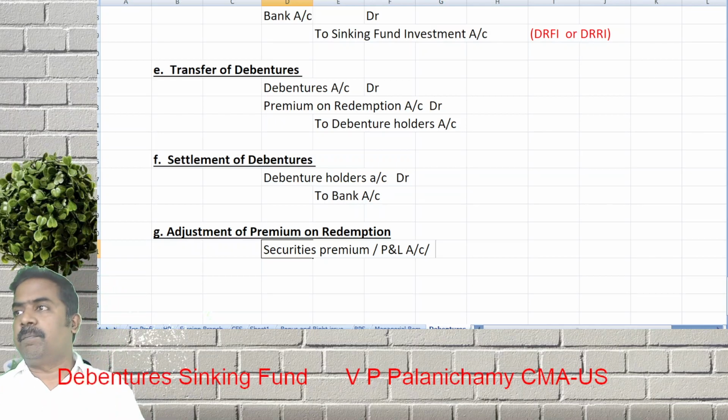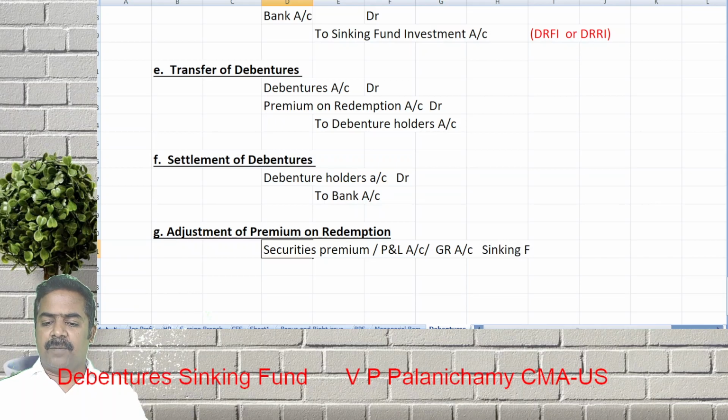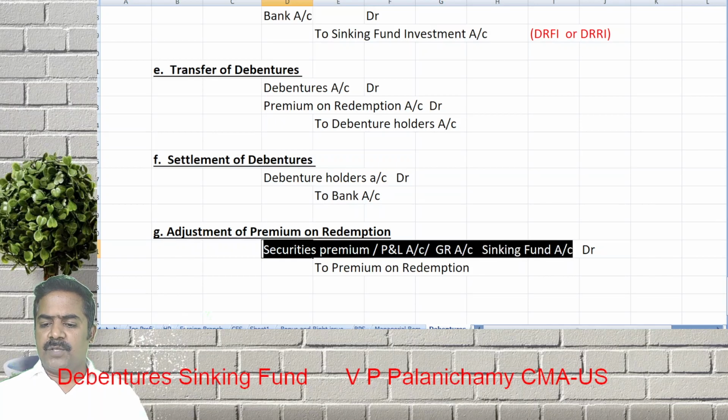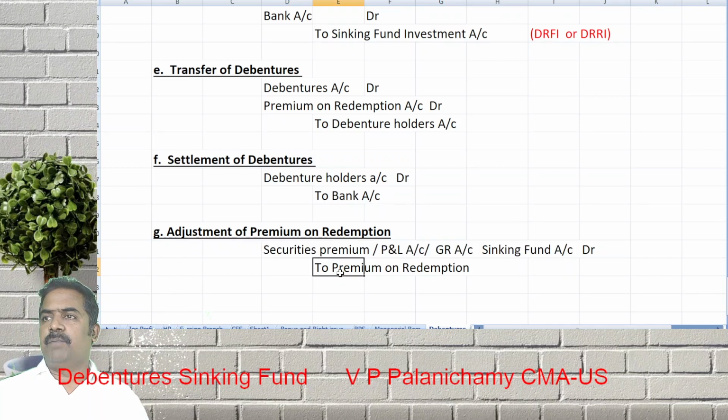You can use securities premium, P&L account, general reserve, or else the sinking fund we have created, you can use that fund also. To premium on redemption. Okay, you can use securities premium or P&L account or general reserve or which one? Sinking fund to which one? Premium on redemption.